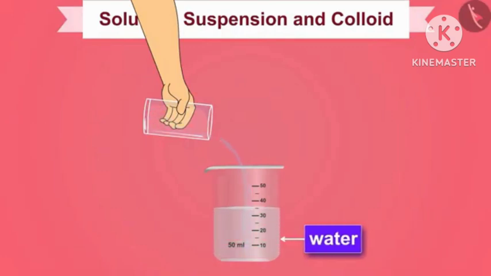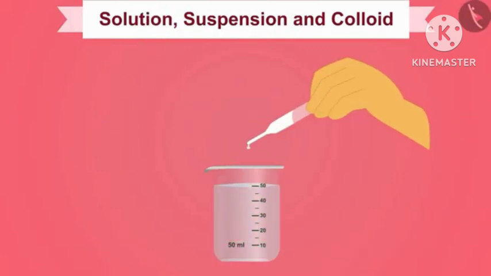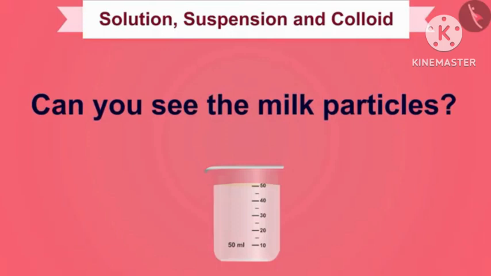Take water in a 50 ml beaker. Now, add a few drops of milk to it. What do you see? Milk particles are spread evenly in water. Can you see the milk particles?